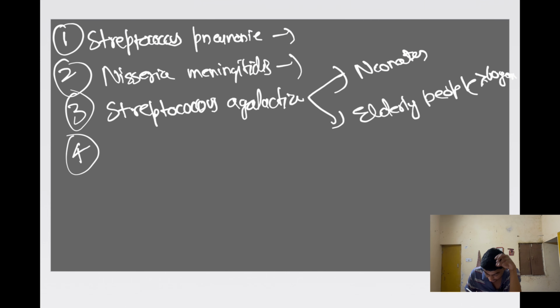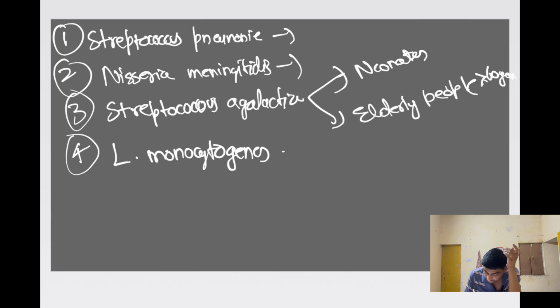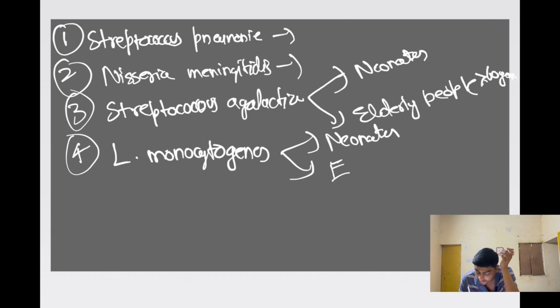And the fourth one is Listeria monocytogenes, which also is responsible for meningitis in neonates and elderly people greater than 60 years of age.